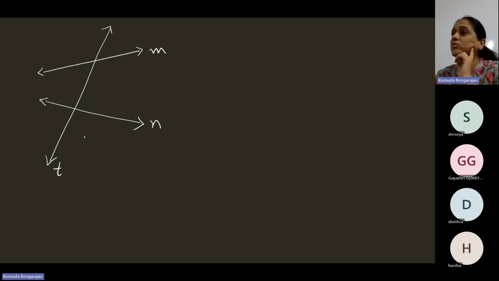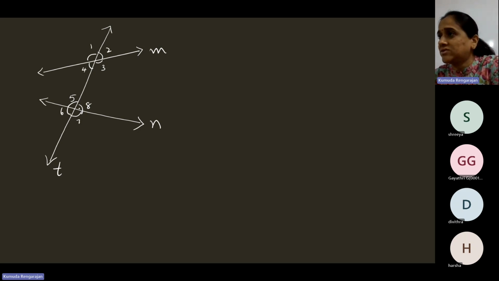See here, angle 1, angle 2, angle 3, angle 4, angle 5, angle 6, angle 7, angle 8.